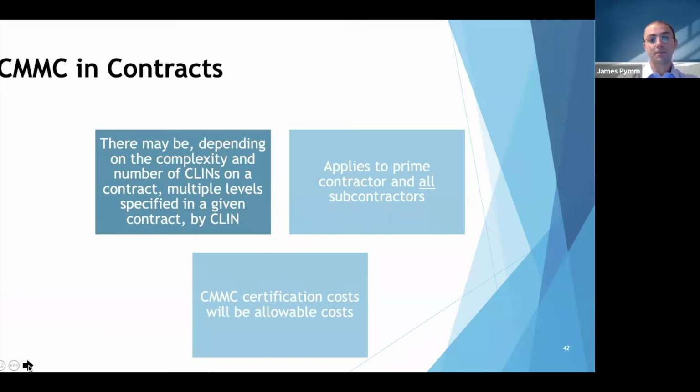If perhaps a subcontractor is entering some sort of enclave, and it's not a system that they own, it's possible that they may be able to remain level 1. That's going to be very contractor specific, and realistically, at this point, no one is entirely sure how this is going to function in terms of contracts. But it is anticipated that it will apply to prime contractors and all subcontractors, meaning that even if you're a subcontractor, it is likely you're going to at least require level 1.